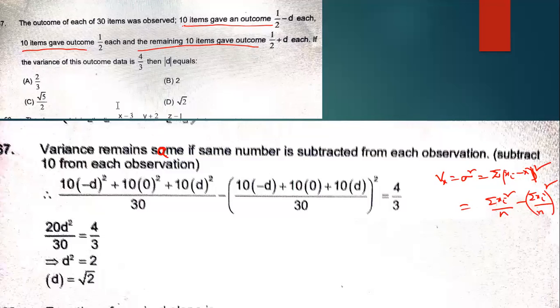I will give the formula. Better, x minus mu whole square by n, also can write like that. Mu means x bar; suppose you take x bar, no problem. That's the formula.